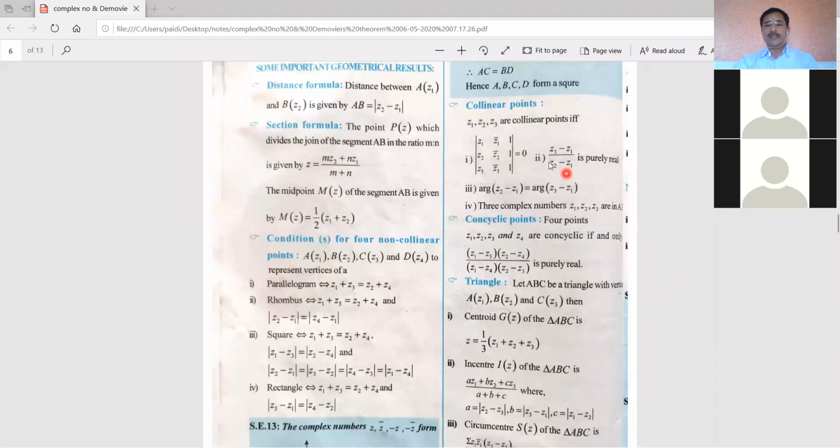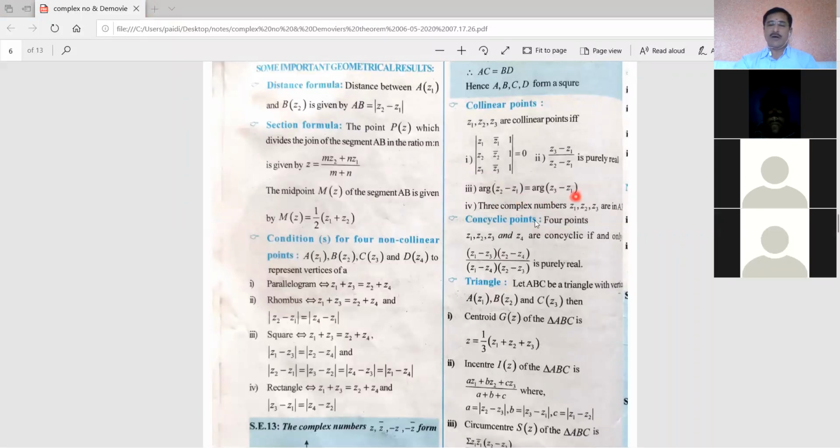Or Z3 minus Z1 by Z2 minus Z1 is purely real. This is another condition. Or argument of Z2 minus Z1 is equal to argument of Z3 minus Z1. Or the fourth condition, the 3 complex numbers Z1, Z2, Z3 are in AP, then they are collinear. So these are the 4 conditions that can be applied in verifying the collinearity of the given 3 points in problems, right?